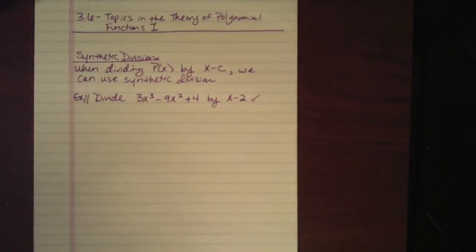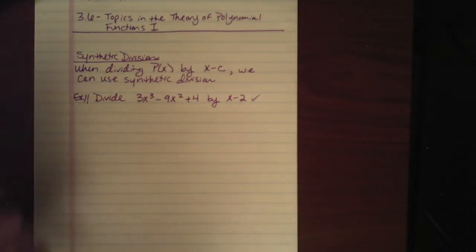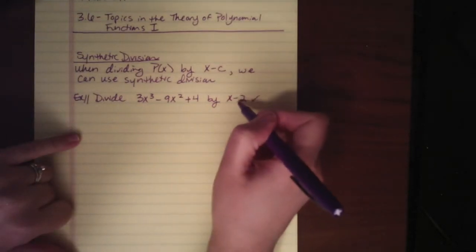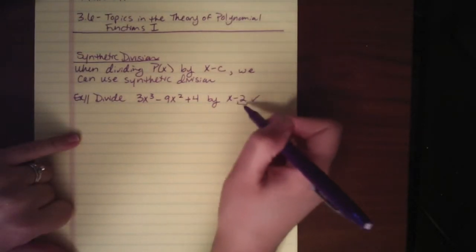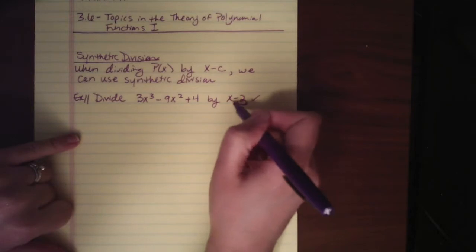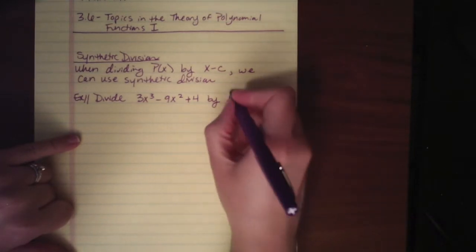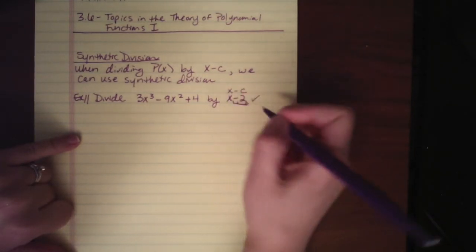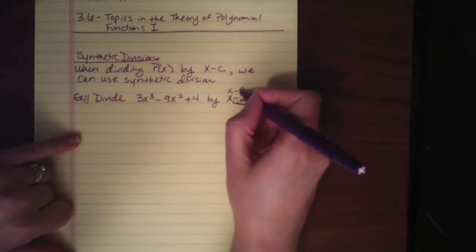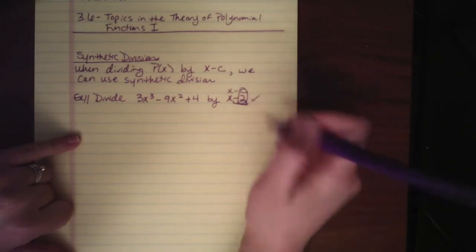It meets the criterion. The way that synthetic division works is you take this number here that's next to the x, which is actually negative 2, okay? And if this represents x minus c, my c value here is 2.